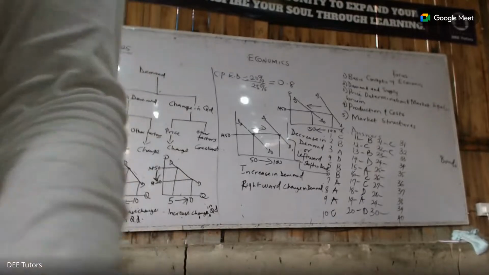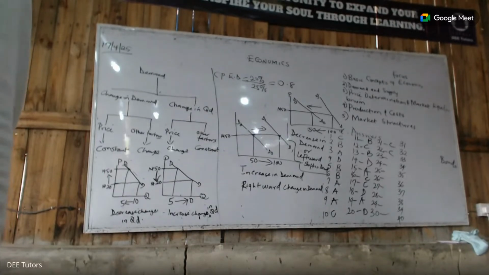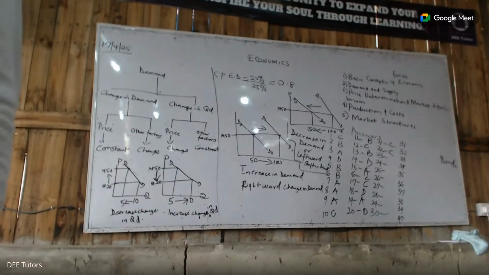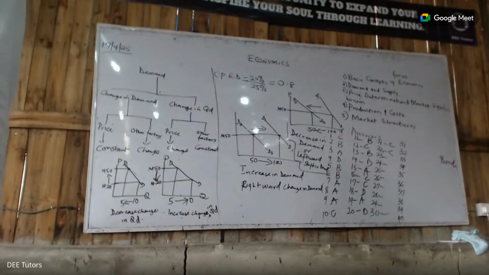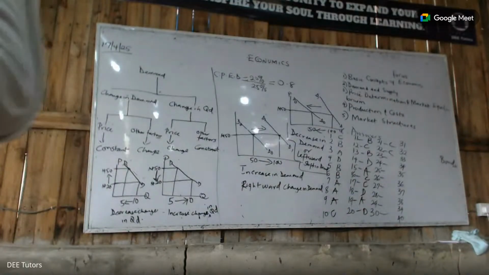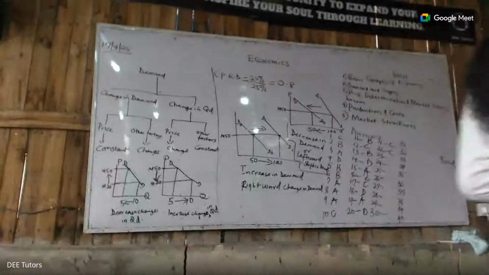23. Listen now. If quantity supplied is constant, irrespective of the price change, the supply elasticity is dash. D. Any other answer? A contrary answer to what you said.